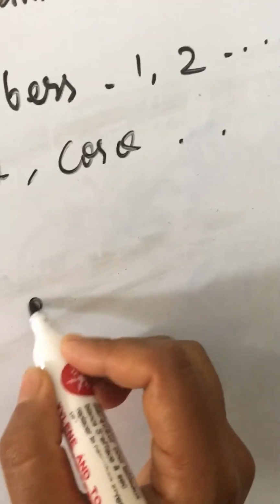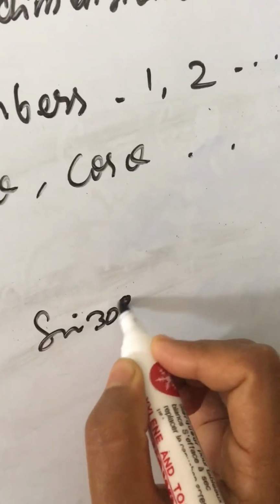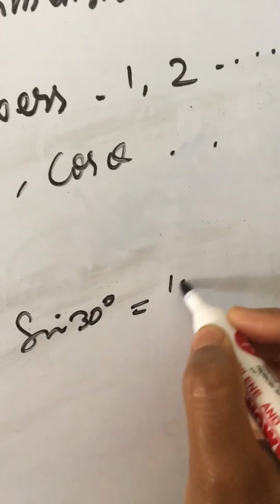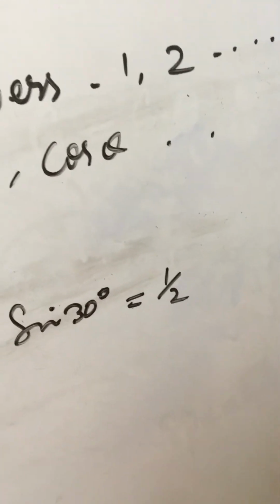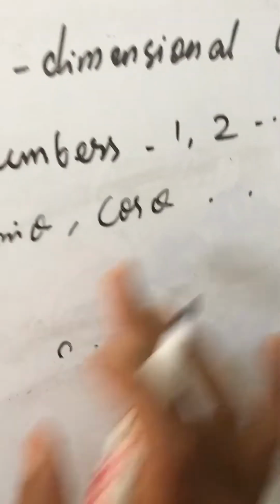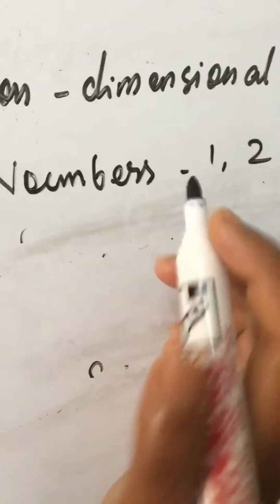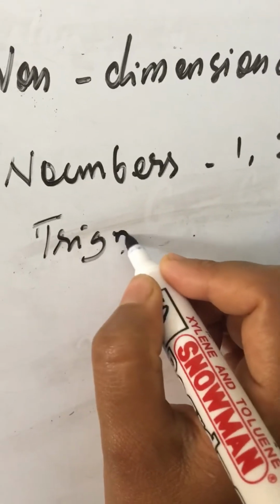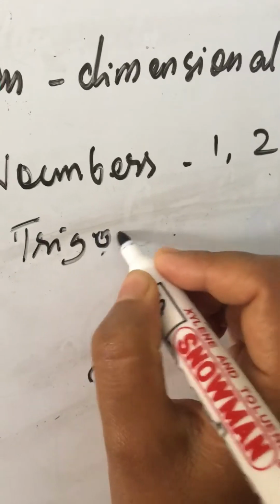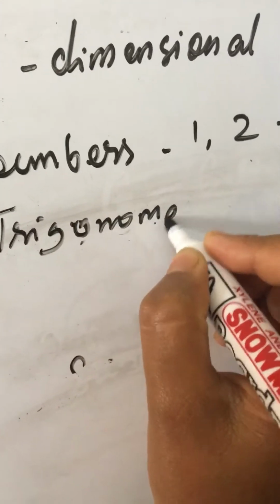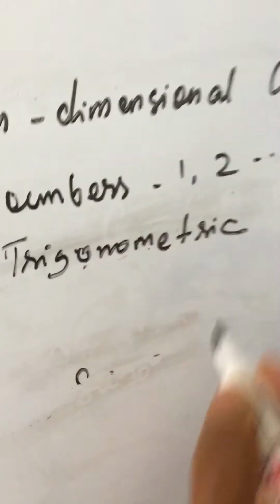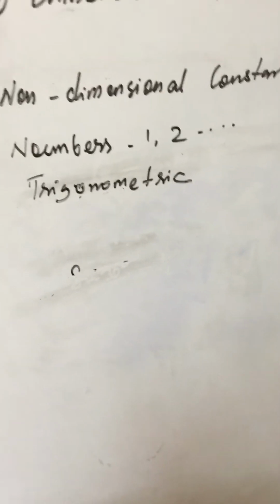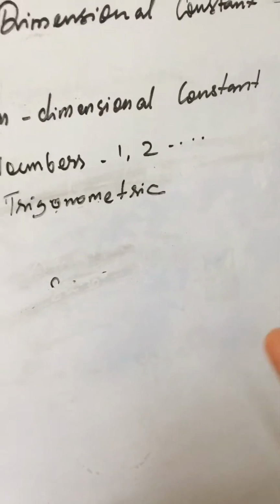Similarly, trigonometric functions like sine theta, cos theta, and all. Because sine 30 degrees, does it have dimension? It is half, a number after all. So all the trigonometric functions also do not have dimension, so they also come under that. Then logarithm functions and exponential functions also come under this.